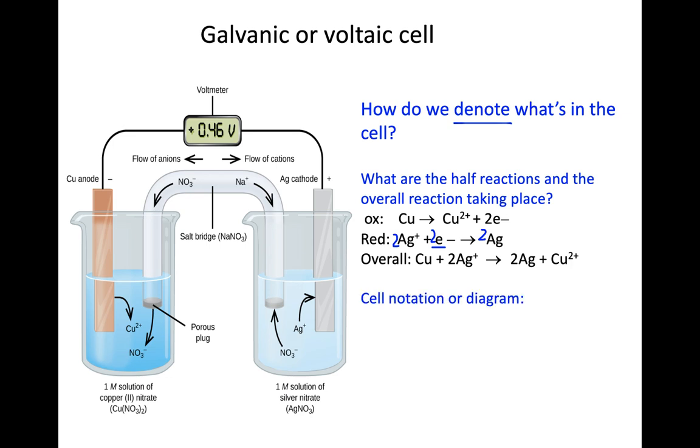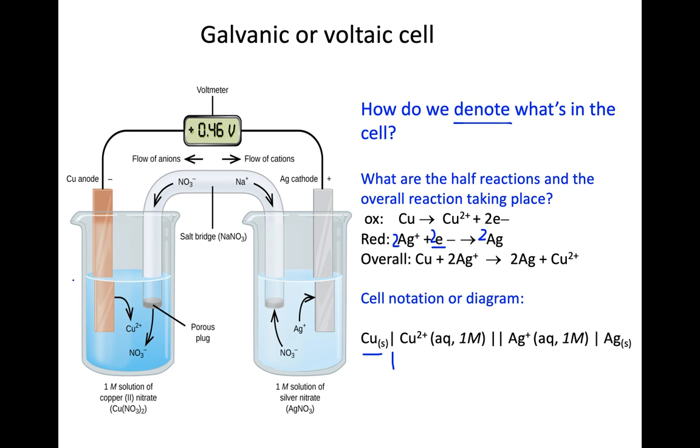Another way is to use cell notation or a cell diagram to denote what is in the cell. This is how the cell diagrams work. We write from left to right, just like a book. It's always going from anode to cathode, alphabetical, which is also helpful. We always put the electrode first, followed by a line, because we've got a phase change between the electrode and our solution. Then what's in solution and its concentration, if that's important.